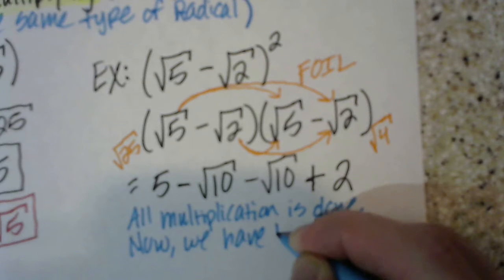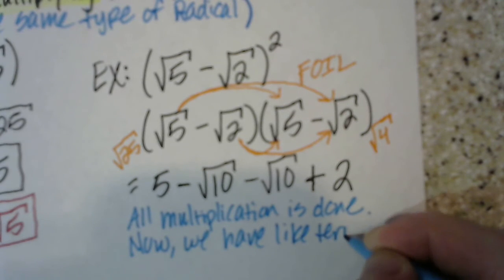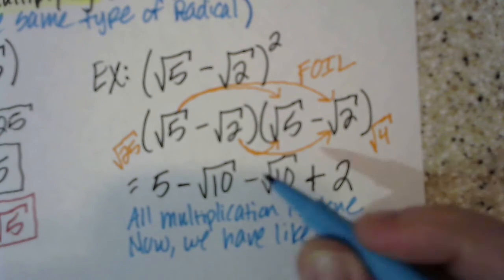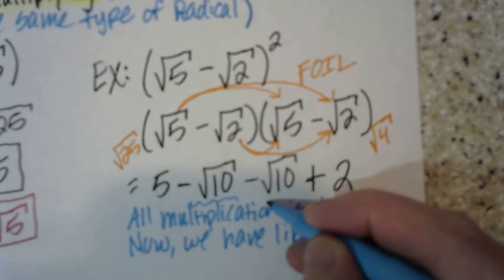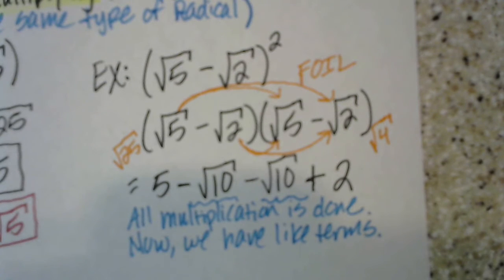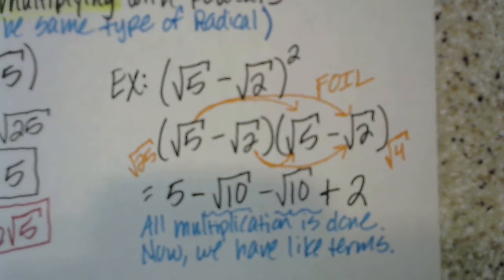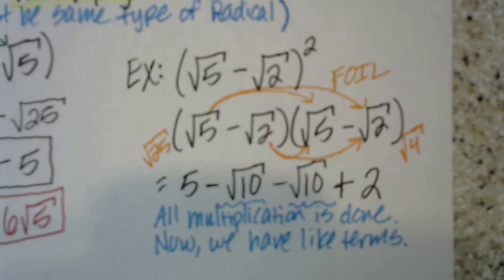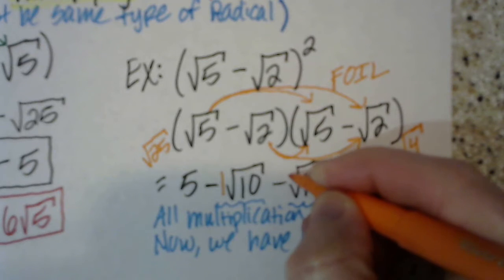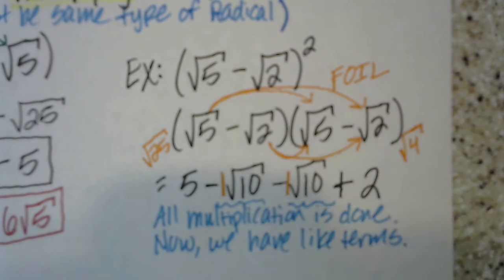Now we have like terms. This is the same kind of radical and the same thing underneath the radical. And we know that there are imaginary ones here. So I know that I can combine those.